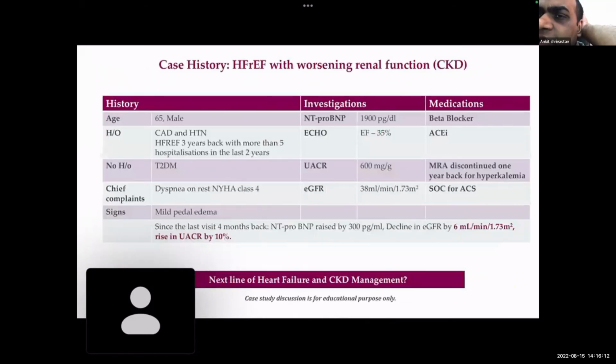We had different case scenarios where there was heart failure with reduced ejection fraction with worsening of renal function. We had this elderly gentleman with an elevated NT-proBNP of 1900, type 2 diabetes with a UACR of 600. So they have a lot of end organ damage.